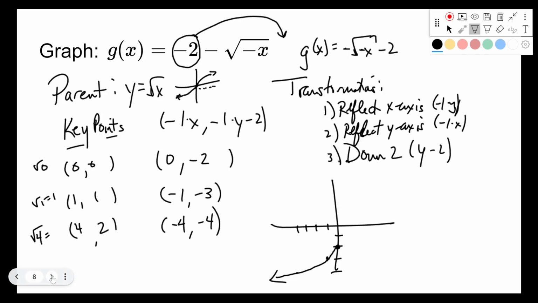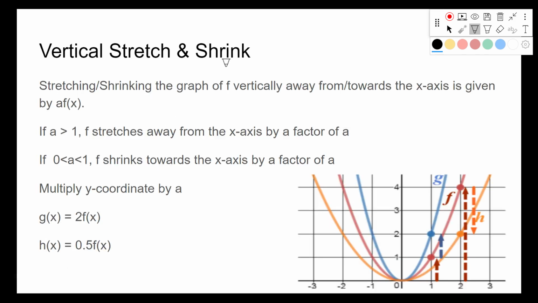Okay, let's go on to the stretching and the shrinking. A vertical stretch and a vertical shrink. Okay, you could take a graph and stretch it vertically away from or toward the x-axis if you take the function f of x, y, and multiply it by a, some number. If a is greater than 1, f stretches away from the x-axis by a factor of a.